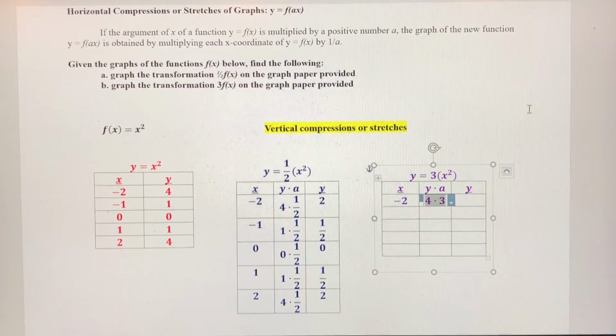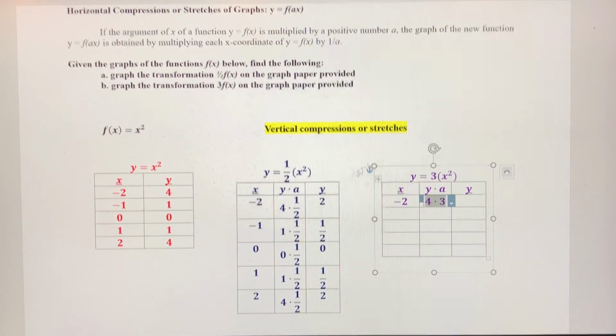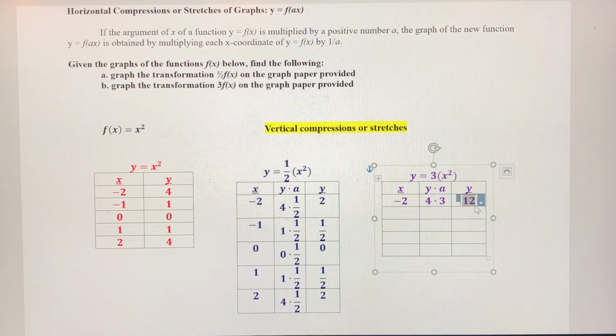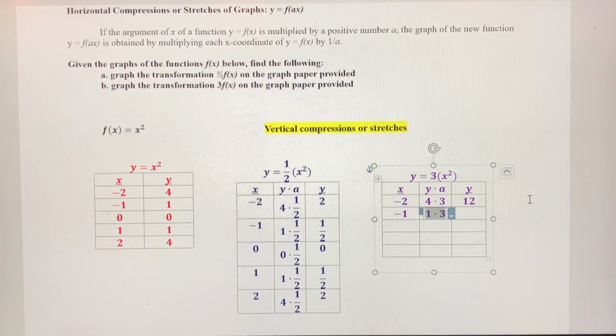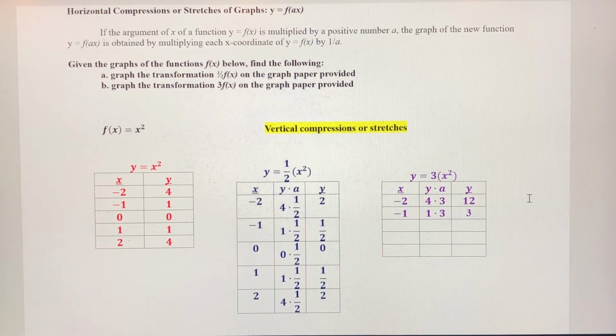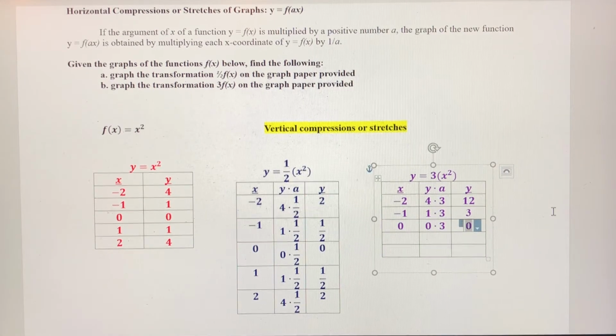So -2 corresponded with 4 before, now it corresponds with 12, okay? -1 corresponded with 1, now it's going to correspond with 1 times 3, which is 3. 0 corresponded with 0, and it's still going to do that because that's my vertex. We haven't done anything differently there.